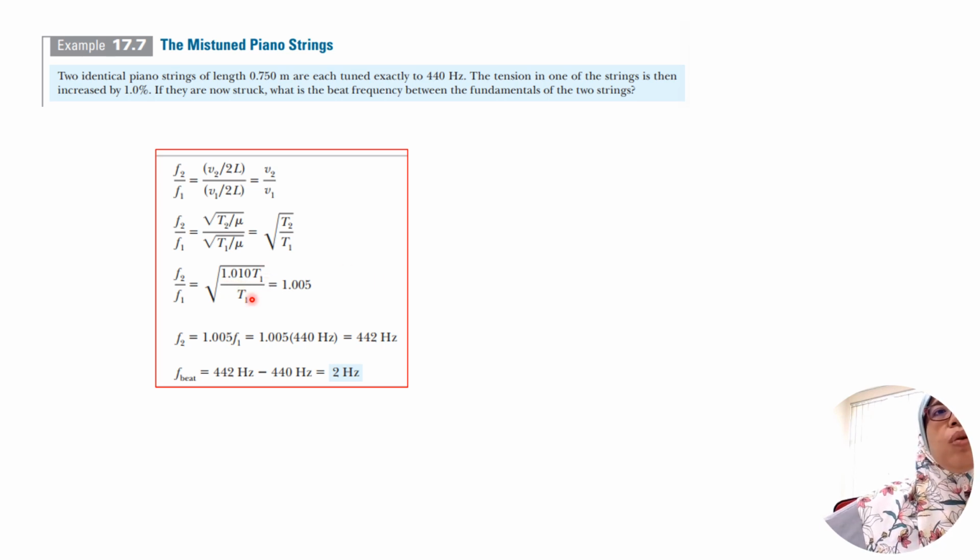So bila kita potong T1 and then leaving our answer as square root 1.01, solving dia akan dapat 1.005. Jadi frekuensi baru kita akan 1.005 ni darab dengan frekuensi 440. So new answer kita akan dapat 442. So 442 dengan yang asal tadi 440, dia orang punya beats adalah difference between them. So that's how we arrive at 2 Hz.